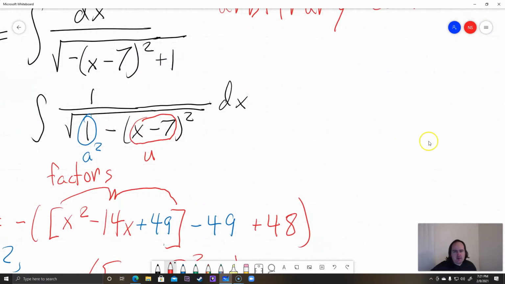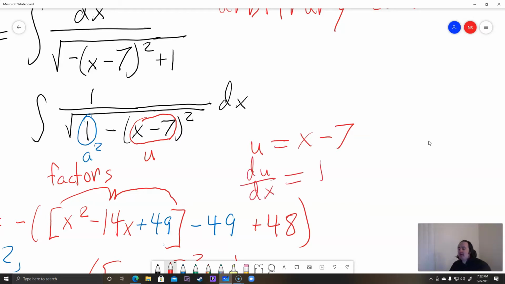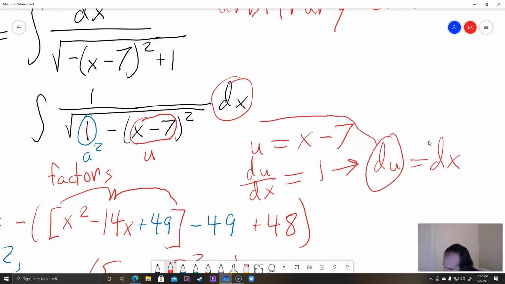Okay, but if we do u equals x minus 7, then du dx is actually going to equal 1, because the derivative of x minus 7 is 1. And so that just means du equals dx. So we can go ahead and replace this dx with du instead.